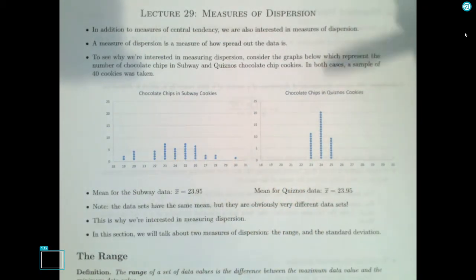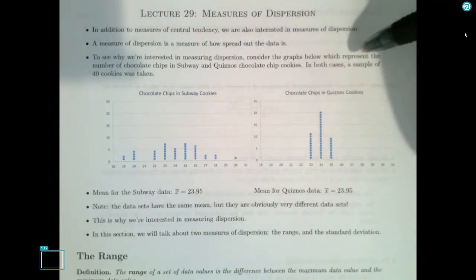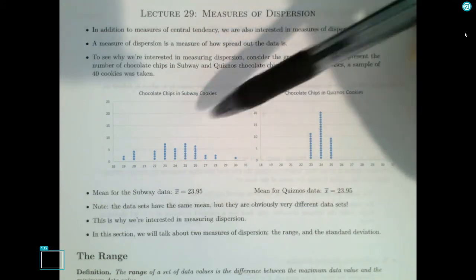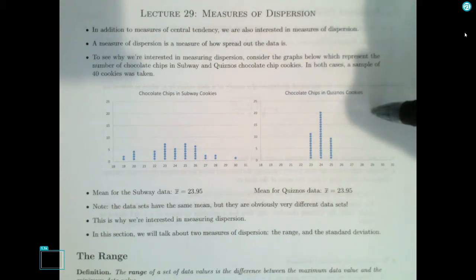And to see why we're interested in measuring the spread of data, let's consider the graphs below. These graphs represent the number of chocolate chips in Subway cookies versus the number of chocolate chips in Quiznos cookies. And by the way, the data is completely made up. I made it up just to show the difference between these two things.